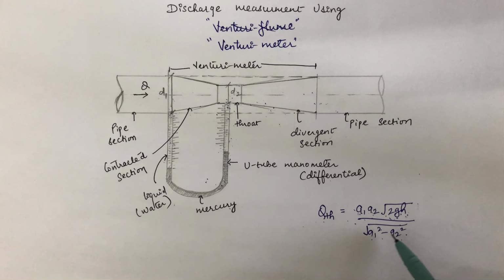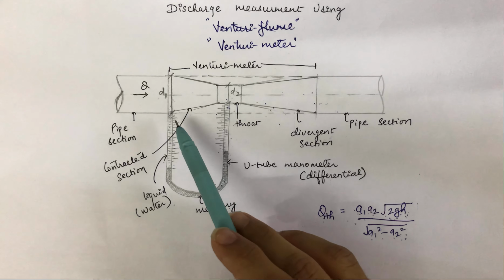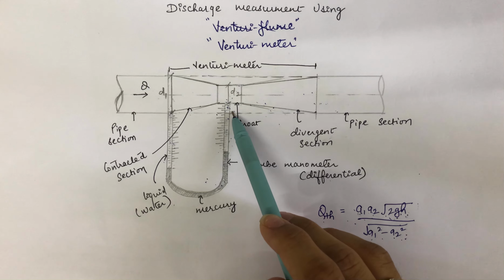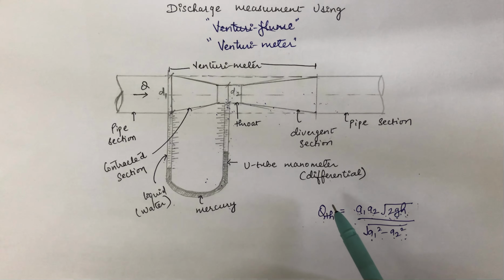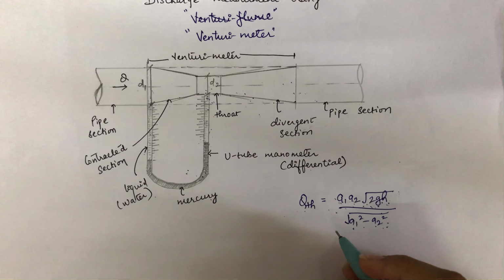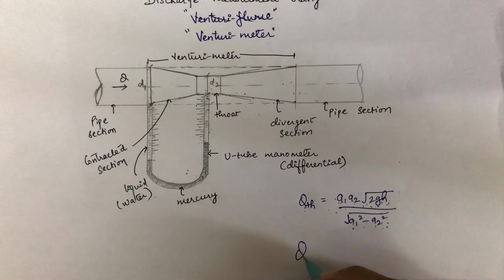Again, A1 and A2 are the cross sectional areas at the inlet and the throat of the Venturimeter. In this way you can calculate the theoretical discharge through the Venturimeter. But in your books, a coefficient of discharge is used.